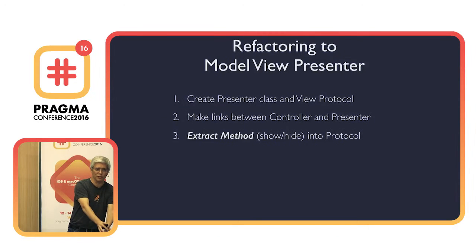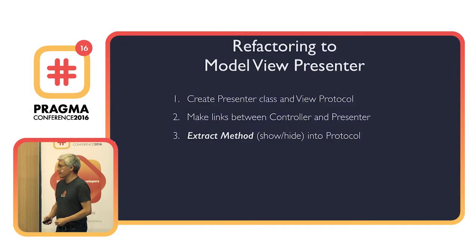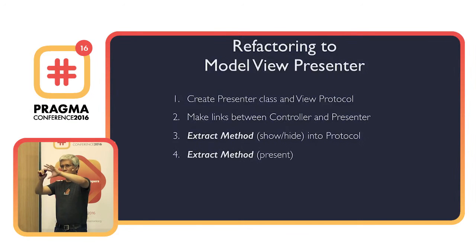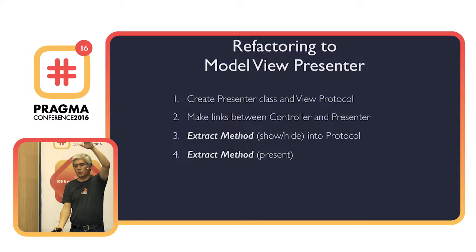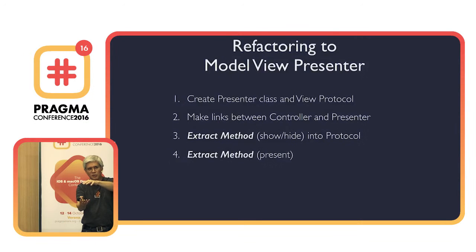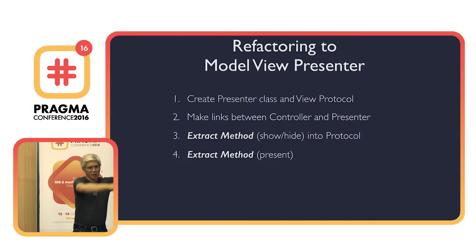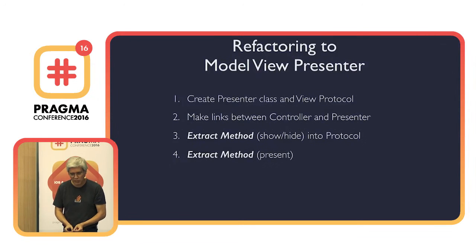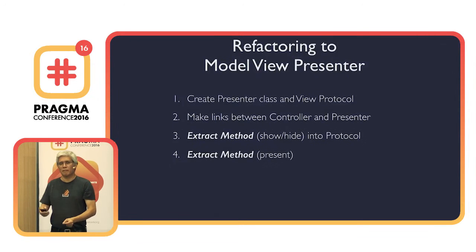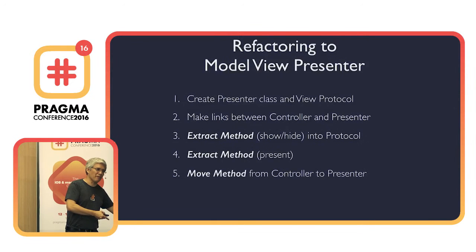So I extract those first. And then, once those are out of the way, I can extract the present strike-through price method, but it's still inside of the same view controller, okay? I haven't moved it. I'm not going crazy here. One thing about refactoring is you can work in very small steps. Once it's extracted, then I can do the move method refactoring.